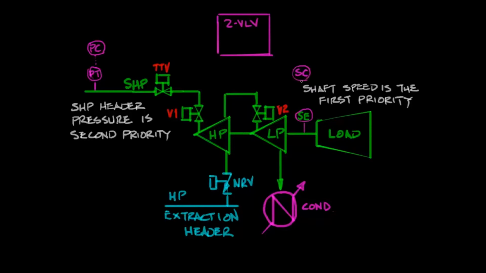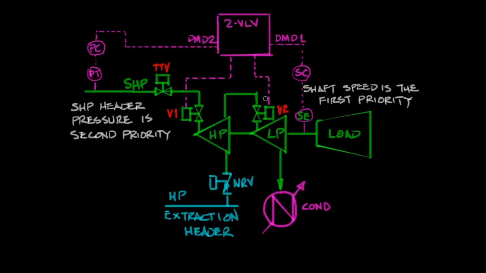We'll draw a box here to represent the two-valve algorithm to show how all of this interacts. So we bring in the output of the speed controller and the output of the inlet header pressure controller to the two-valve algorithm as demands. Those are demand 1 for the power and demand 2 for the flow.